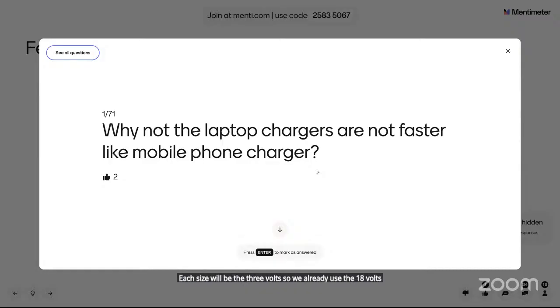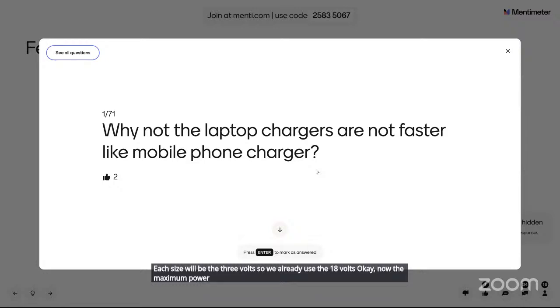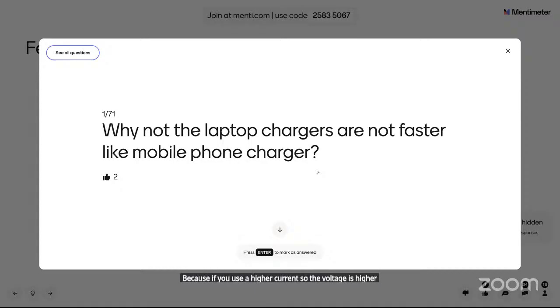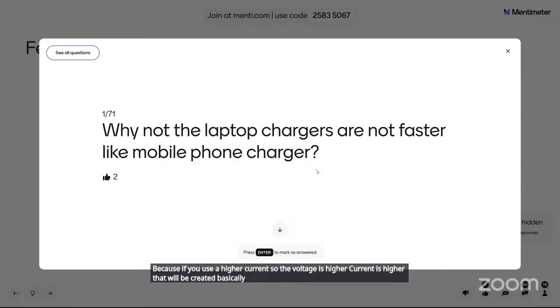Now the maximum power that can be produced by the plug or electronic socket is limited. So we can't use a higher current, because if the voltage is higher and the current is higher, that will create too many effects. So that's why we are not using fast charging for laptops.